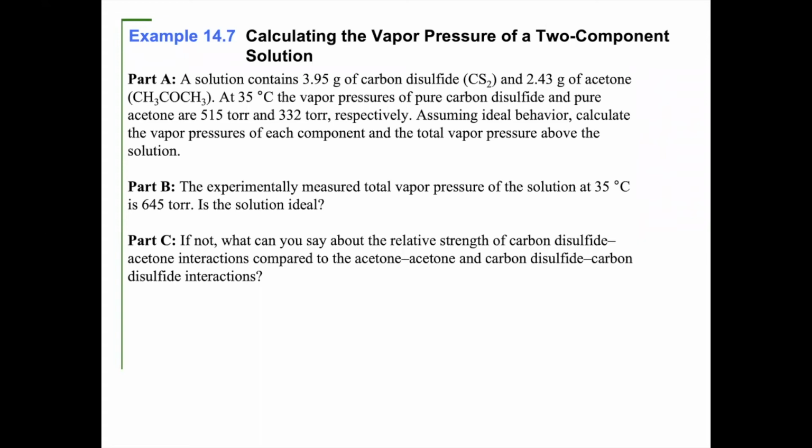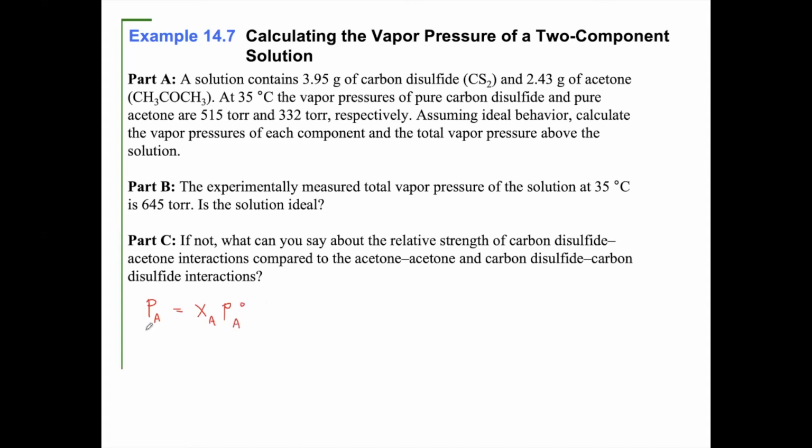And so both of them are going to exert their own partial pressure over the solution. In a case like this, you treat each individual gas like you would in the previous questions with Raoult's law, except now you're doing it in terms of partial pressures. Let's say that we have gas A and gas B, and we have a mixture of these two. The pressure exerted by gas A is going to be the mole fraction of that gas times the pressure of the gas over its pure liquid.